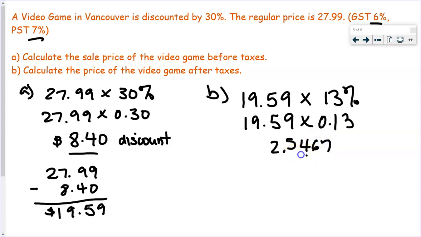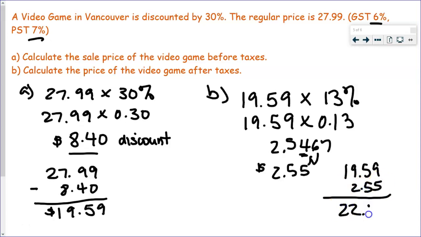Okay, important. This number here, place value, that's the cents. It's a 6, so we round up. So it's approximately $2.55 for taxes. Okay, taxes we add on. So $19.59 plus $2.55, $22.14. So that's going to be the price after taxes.